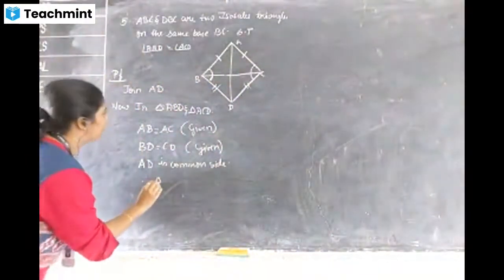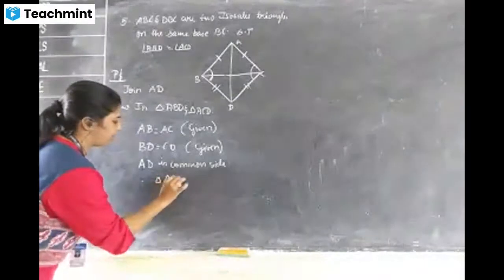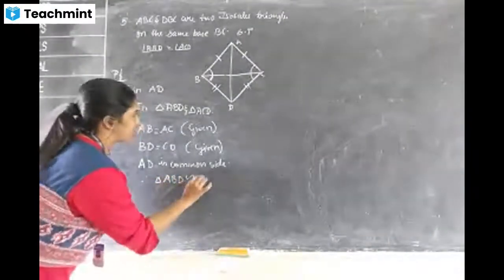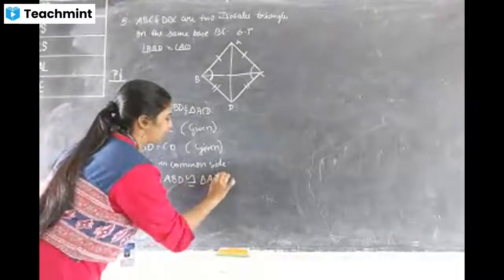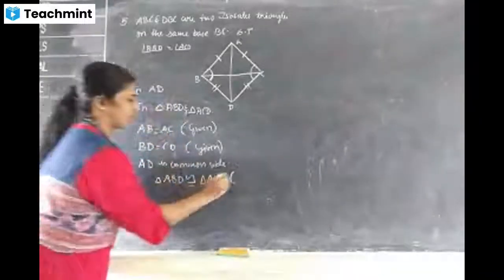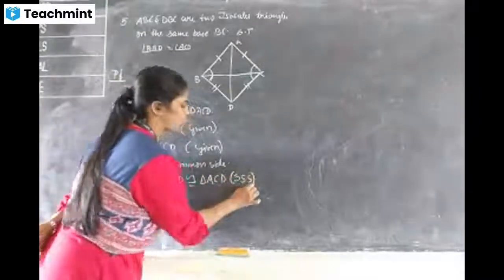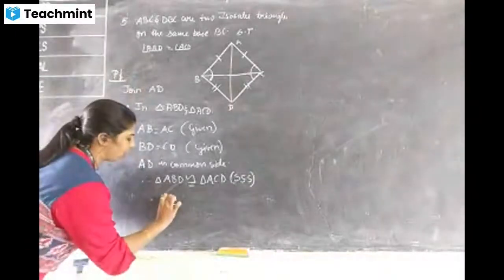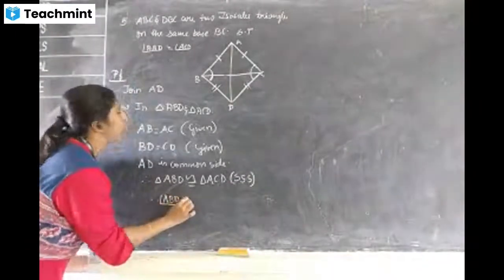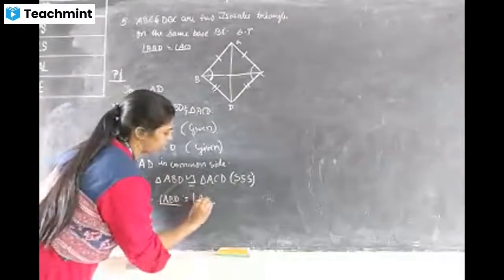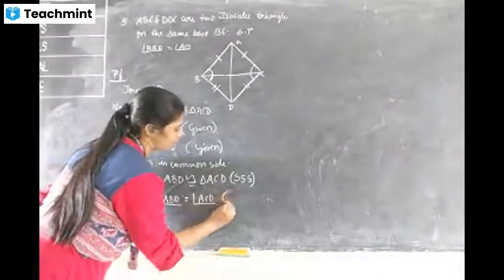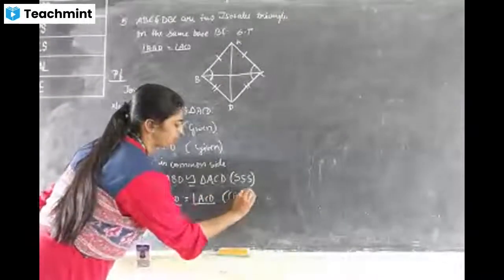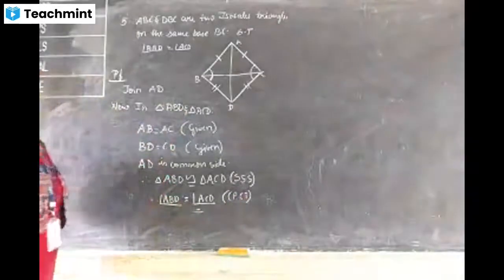Therefore, triangle ABD is congruent to triangle ACD because of all three sides, SSS postulate. Now what do they ask? Therefore, angle ABD is equal to angle ACD because of CPCT. Finished.